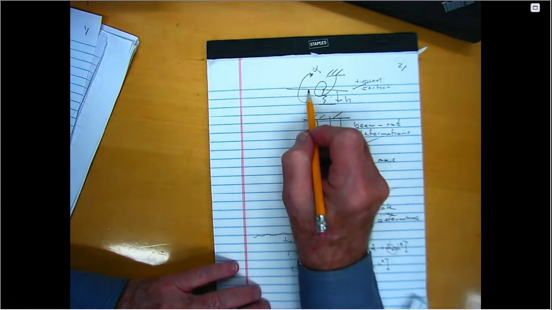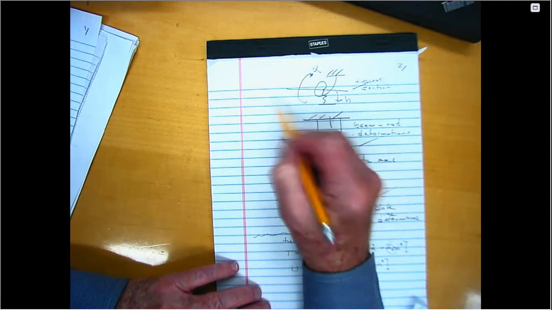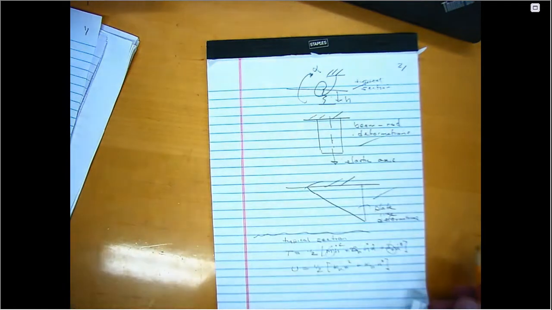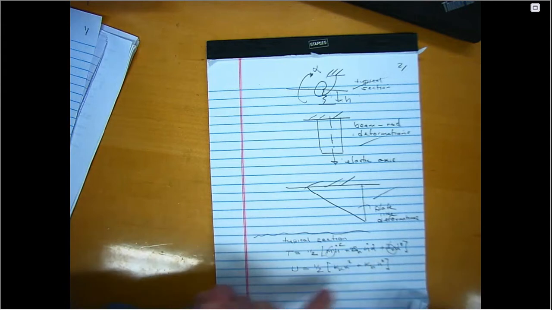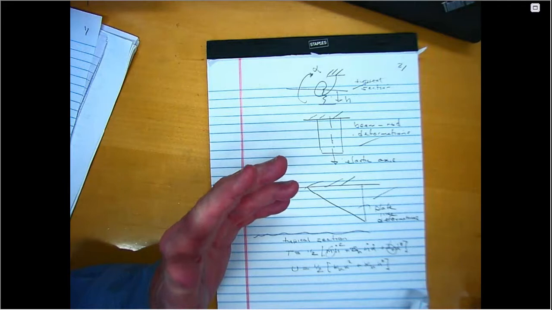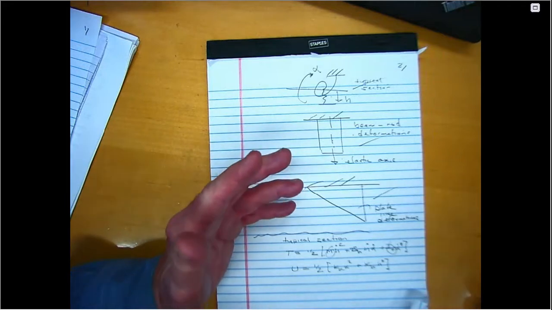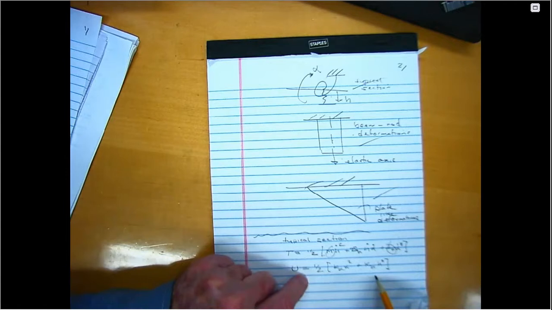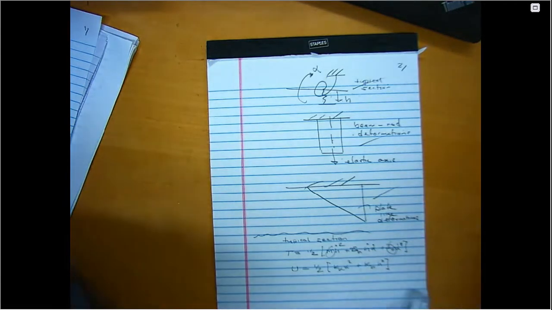We could also use h and alpha as being the translation of the center of mass and the rotation about the center of mass, in which case that would simplify the kinetic energy, because this term would disappear, but then there would be a cross term down here. There are two alternative coordinate systems. They would give you the same physics and the same answer for flutter. This is the traditional choice, but there's nothing magic about it.